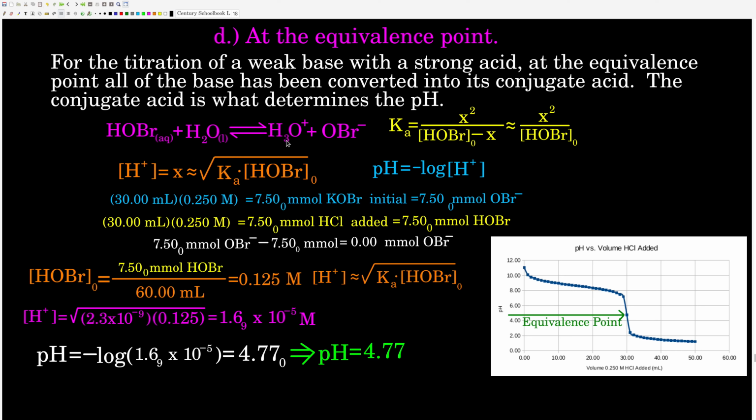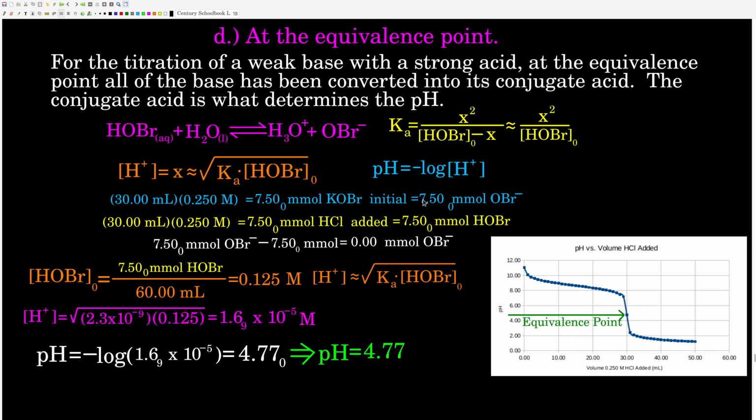It's reacting with water, making hydronium or hydrogen ion and hypobromite. So the equilibrium expression, Ka, is x squared over the initial concentration minus x, assuming we can neglect x, which looks like this, which means that the hydrogen ion concentration is just equal to the square root of Ka times the initial concentration of the acid. And once we know the hydrogen ion concentration, pH is just negative log base 10 of the hydrogen ion concentration.